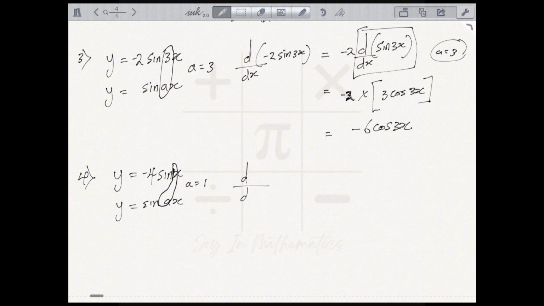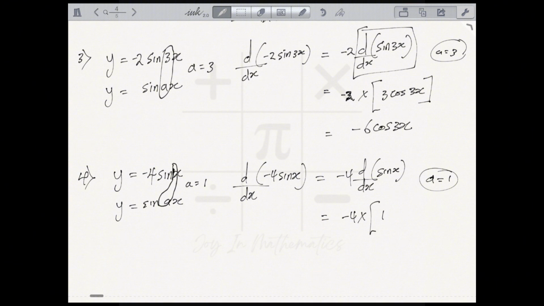So differentiating with respect to x, minus 4 sin x, or sin 1x, is equal to minus 4 d/dx of sin x. In this case our a is equal to 1. That is minus 4 multiplied by 1 cos 1x. That's minus 4 multiplied by cos x, and that gives us minus 4 cos x.